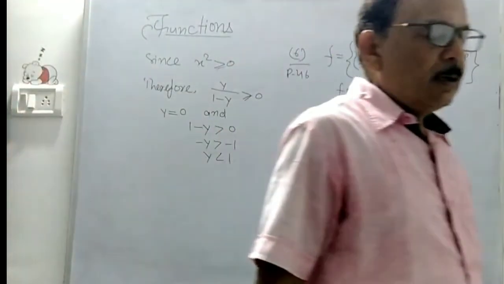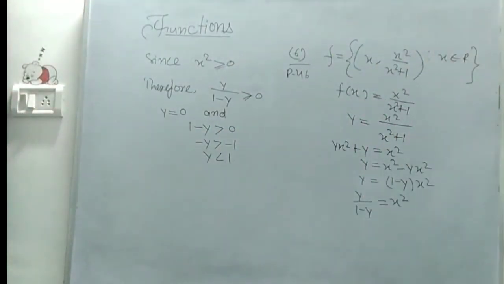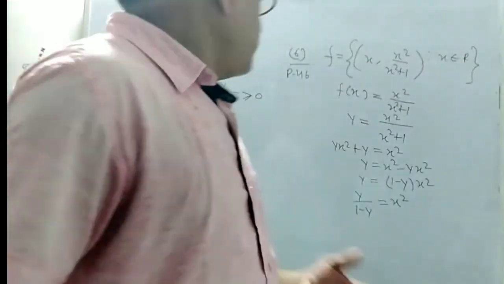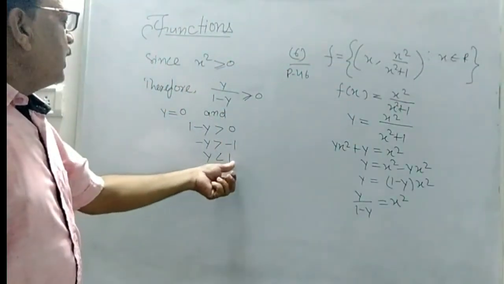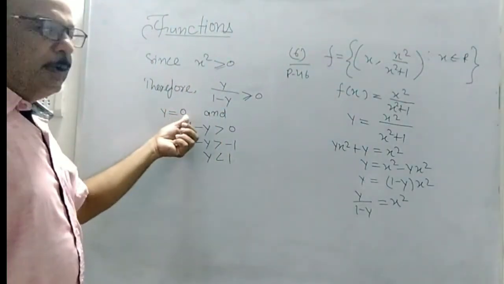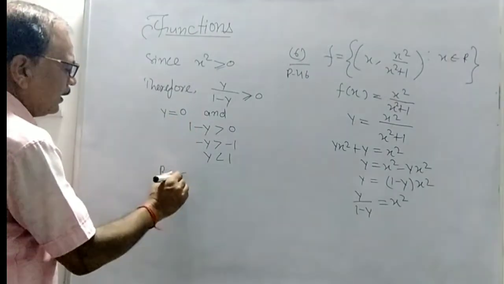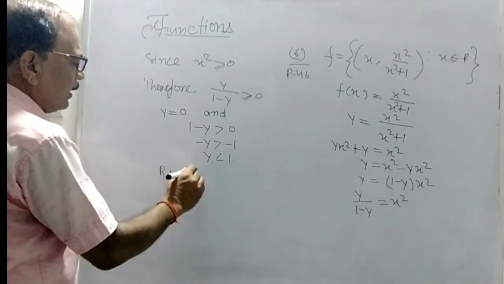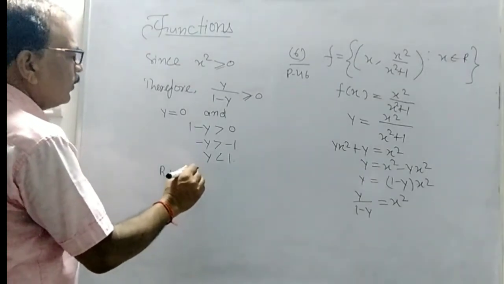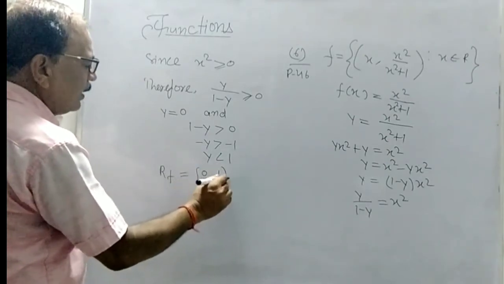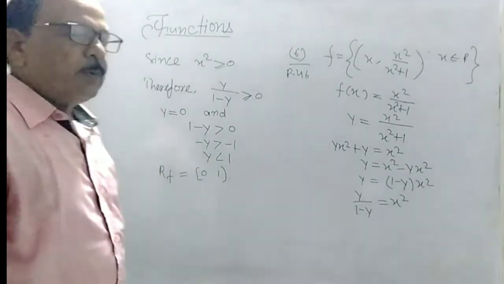Find the range of this function from R to R. To find the range of this function, y less than 1 and y not equal to 0. It means that the range of f is y less than 1, y not equal to 0 and 1.